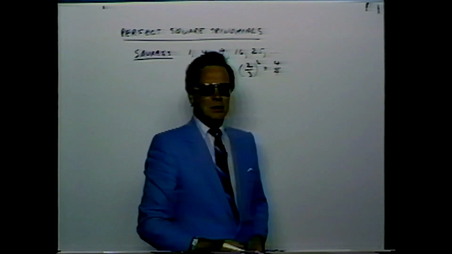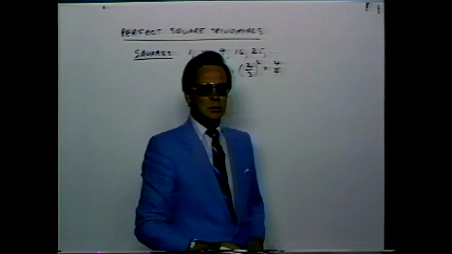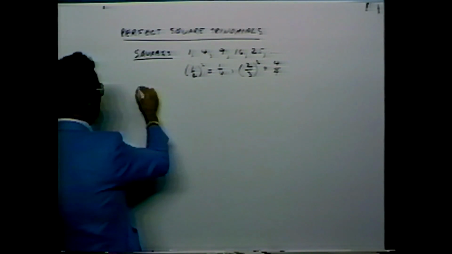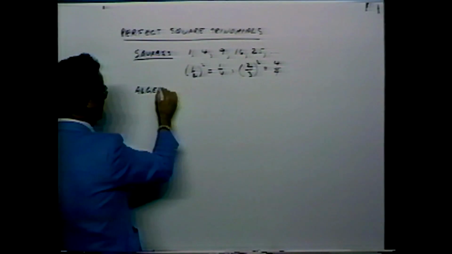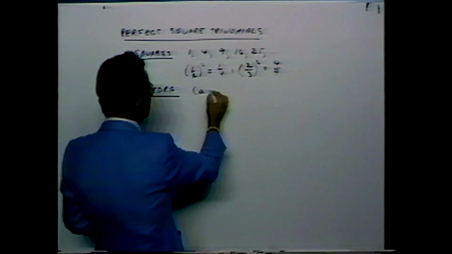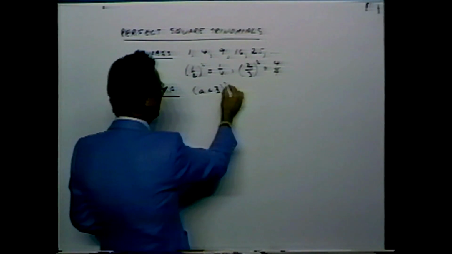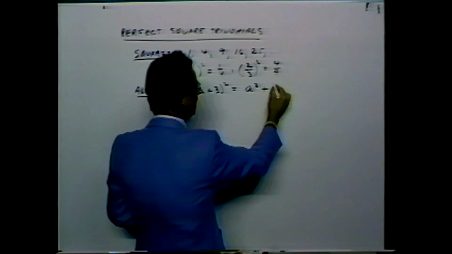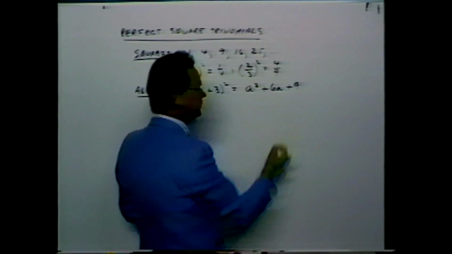1/4 is a square. Similarly, 2/3 squared is 4/9. In algebra, squares of binomials will be our main focus. For example, we will deal with such things as (a + 3) squared, which is equal to a squared plus 6a plus 9.